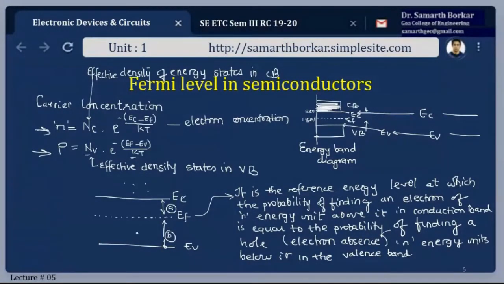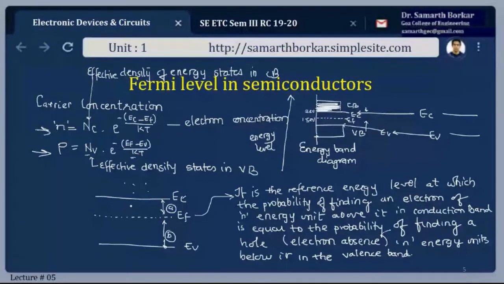So, repeating again, the number of electrons will depend upon the difference of this energy level. This axis is energy level. Now, if it is an n-type semiconductor, this line will shift towards the conduction band.